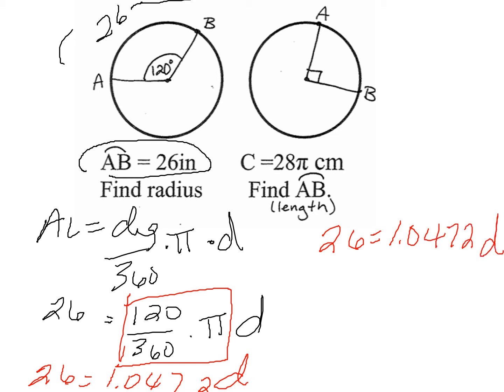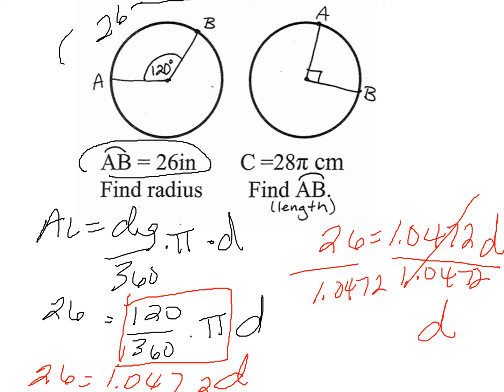I want to get diameter by itself, because eventually I'm going to make it into a radius. So now, what do I do to get D by itself? Just divide. 1.0472 cancels. The D is now by itself, and I'm going to divide that.